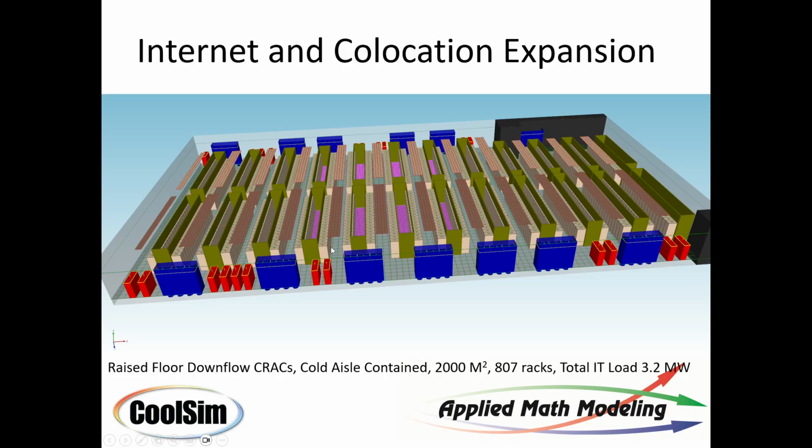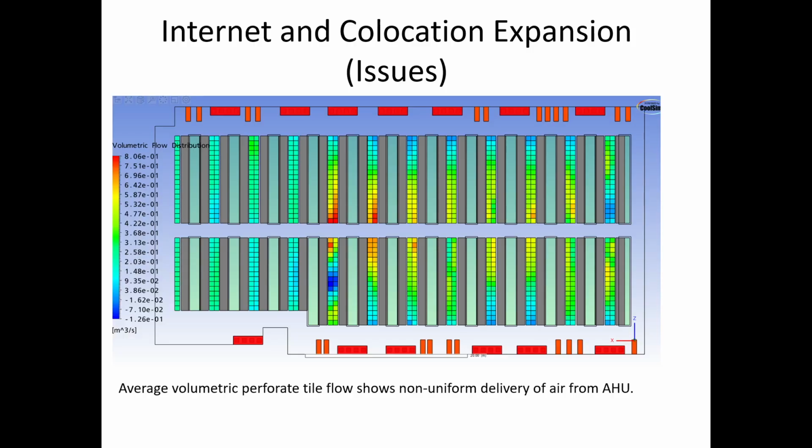So if your inlet temperatures were in the range of 70, that means your outlet temperatures are going to be in the range of 90 or greater degrees. So the temperature for humans in this room is going to be 90 degrees Fahrenheit to make these operate effectively. And that's fairly warm. IT loads in these kinds of designs were upwards of 10 kilowatts per rack. But these also had some issues.